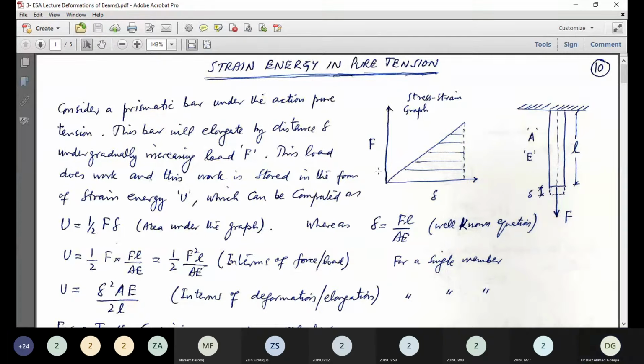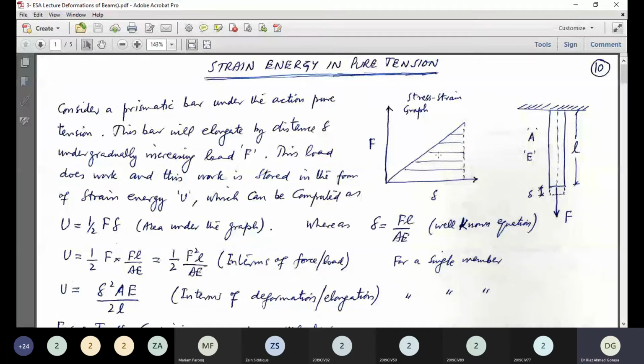So this work is stored in the bar in the form of strain energy. The stress strain graph up to elastic limit will be like this shaded area. This is the energy stored in this bar in the form of strain energy.